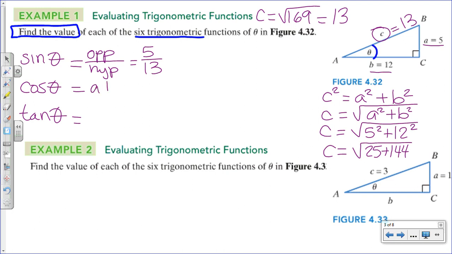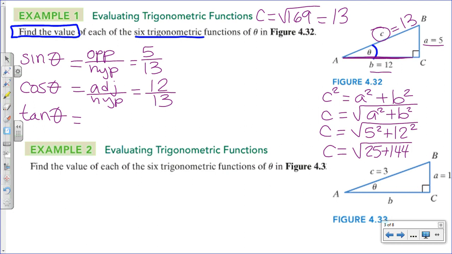Now cosine is adjacent over hypotenuse. So remember, the adjacent side is that side that is actually forming the angle. All right, so that will be the adjacent side, and that is 12. The hypotenuse is equal to 13. Now for tangent, we don't need to divide sine over cosine anymore.